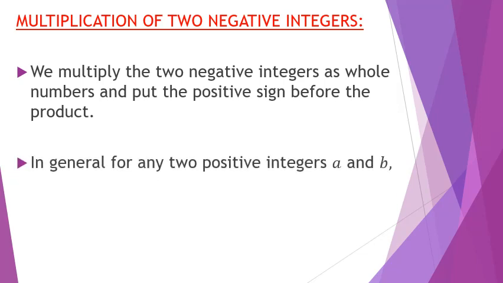In general, for any two positive integers a and b, minus a multiplied by minus b gives a into b. For example, minus 10 into minus 5 equals 50. Multiplication of two negative integers is always a positive integer.